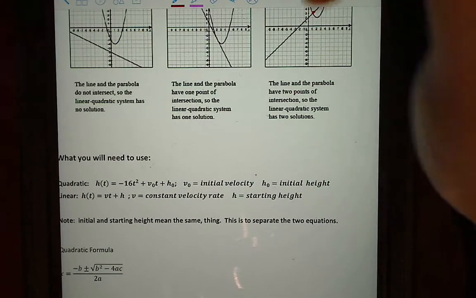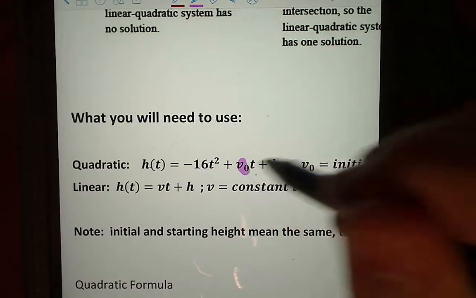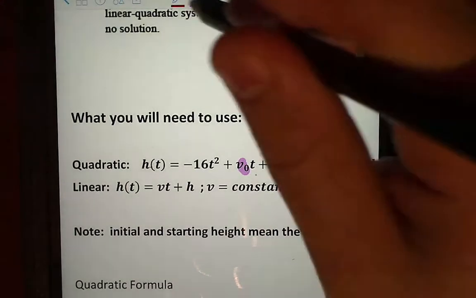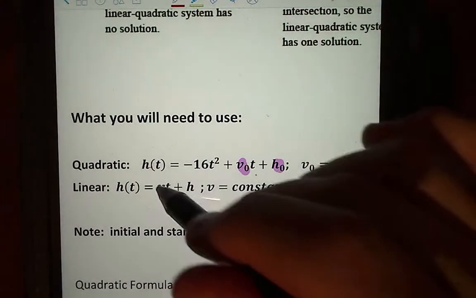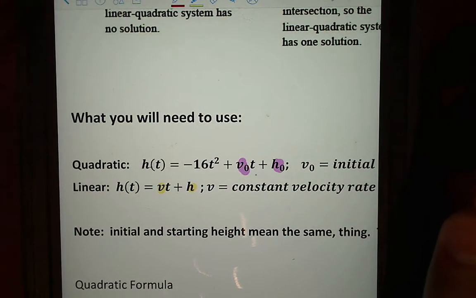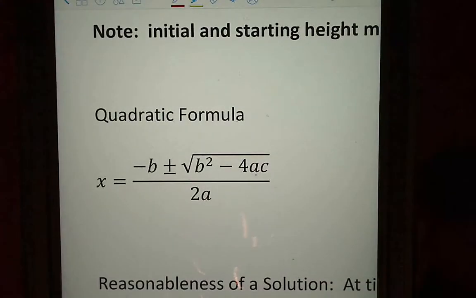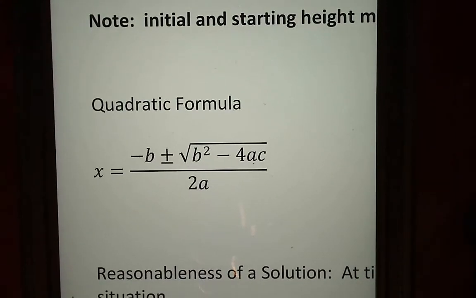So when we do these, we're going to be filling out this part here, and on the linear, we're going to be filling out the V and the H. The next thing to note is that I'm doing this algebraically, using the quadratic formula again.